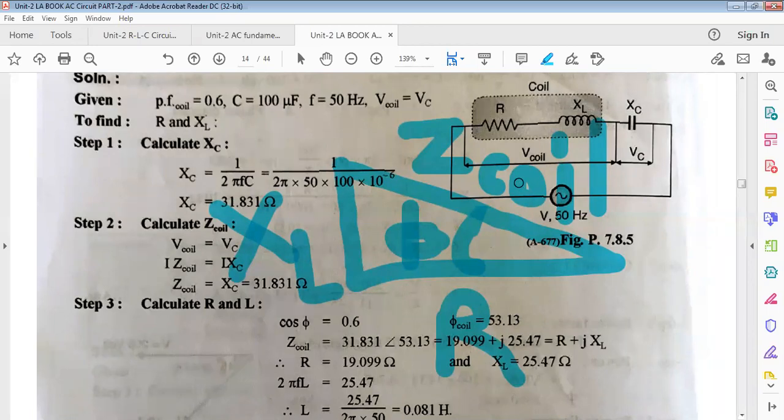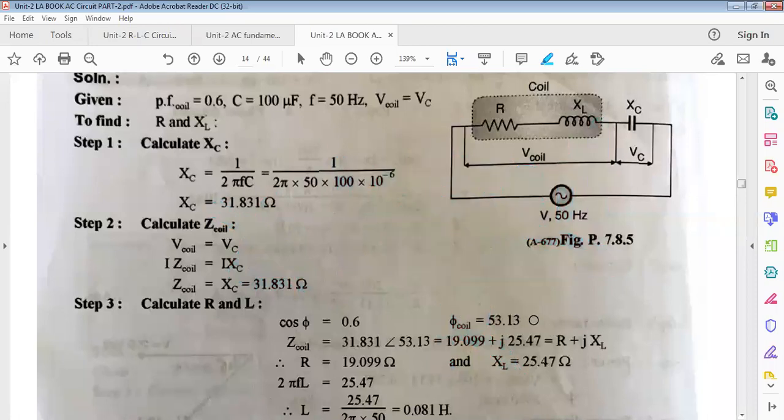Cos phi we know, Z coil magnitude we know, 31.83, so you will get R, and using that you will get XL. Now R you know, XL you know. Very good, that is also an option you can use. Any method you can use, whichever is convenient, either this one or the other one that the student wrote.